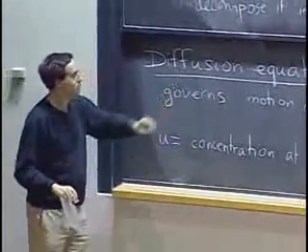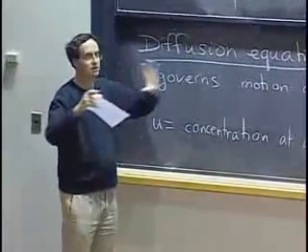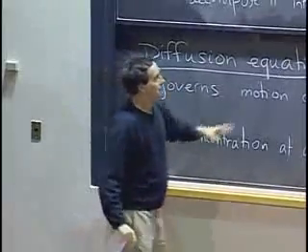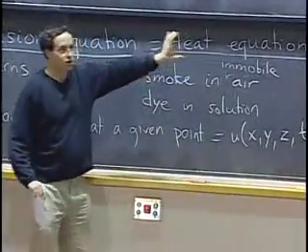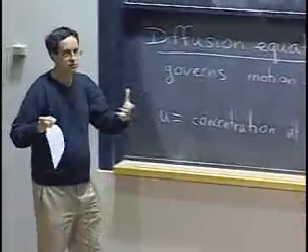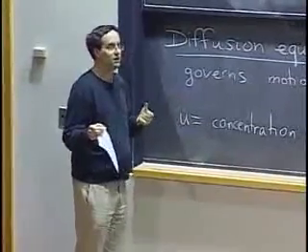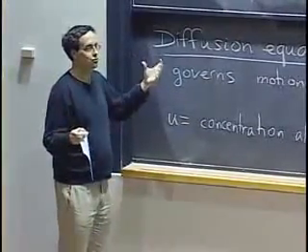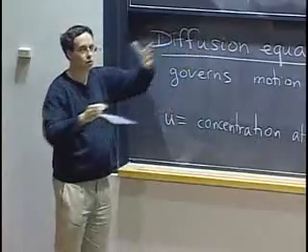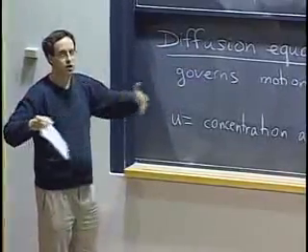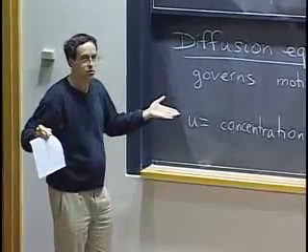So that's the case where the fluid is not moving. And the heat equation does the same, but for temperature in a fluid that's at rest. It tells you how the heat goes from the warmest parts to the coldest parts, and eventually temperatures should somehow even out.